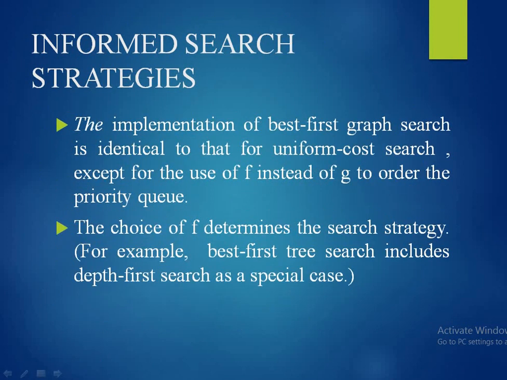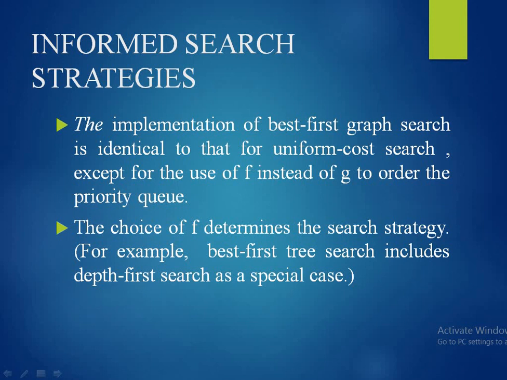The implementation of best first graph search is identical to that for uniform cost search. Uniform cost search is the search strategy which we have discussed in the uninformed search strategy video. It differs except for the use of f instead of g to order the priority queue.